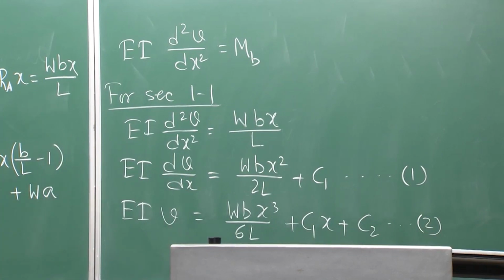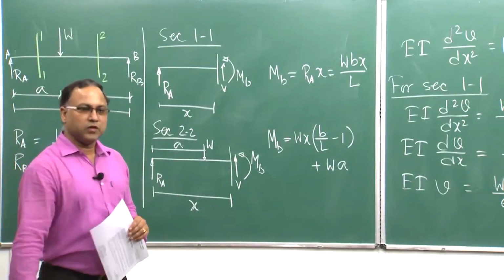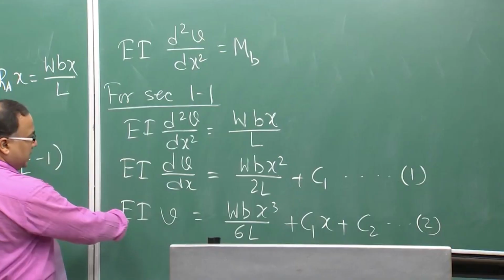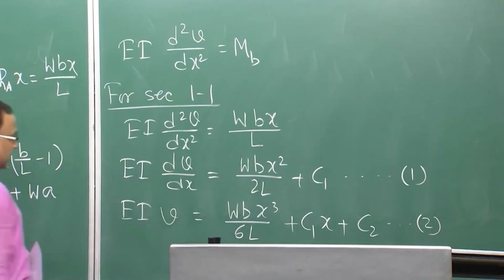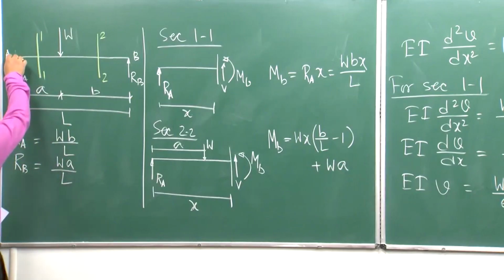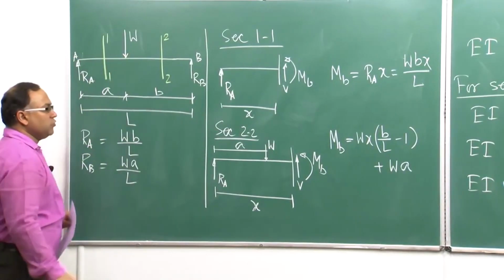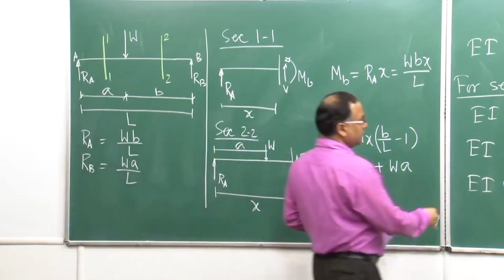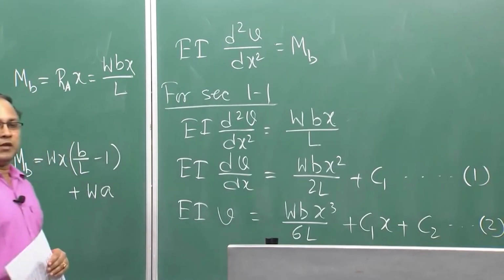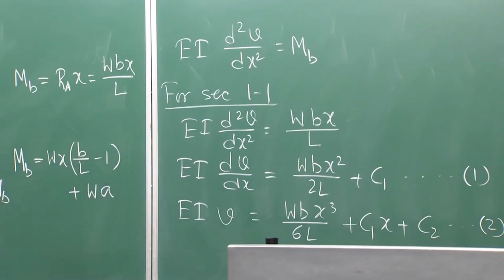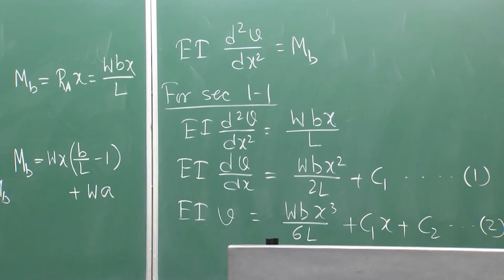Now C1, C2 are not known to me and they can be found from suitable boundary conditions. This expression will give you the deflection for section 1-1. That means, if you are traveling from point A to this point, within this range your deflection can be defined by this equation. And what is this? This is nothing but your slope, is it not? This is nothing but your slope.